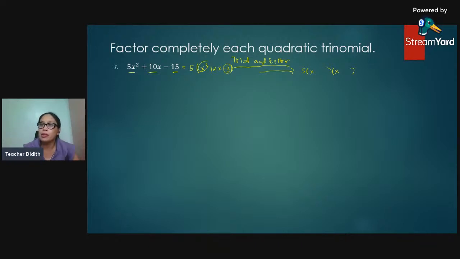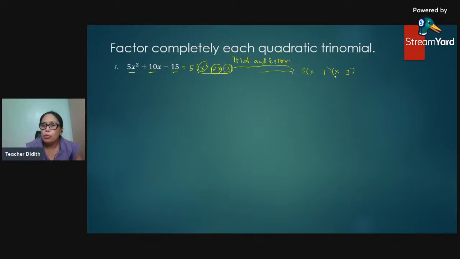One has to be positive, the other one must be negative. So if we place 1 here and then 3 here, let's disregard 5 first, and consider this second factor. We have to consider this 2x as the middle term of this quadratic trinomial. I'm referring to the second factor, 2x.